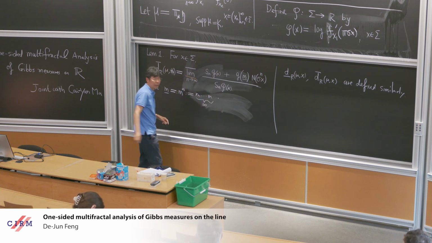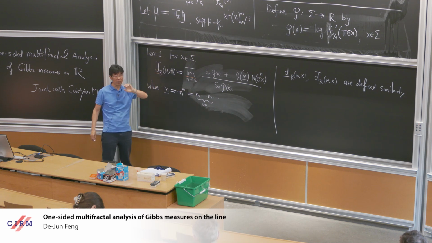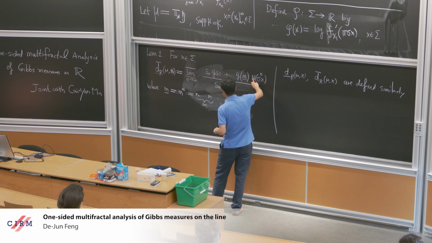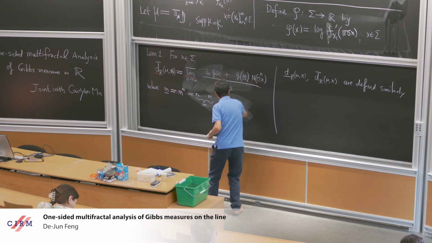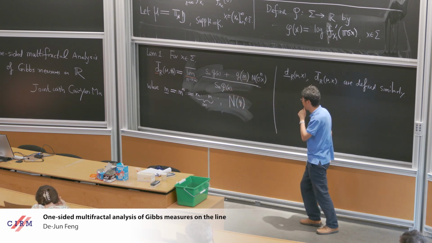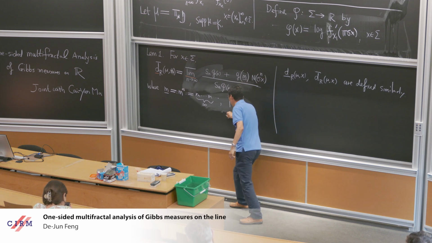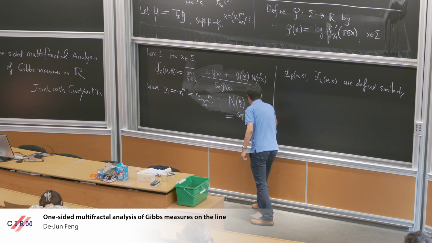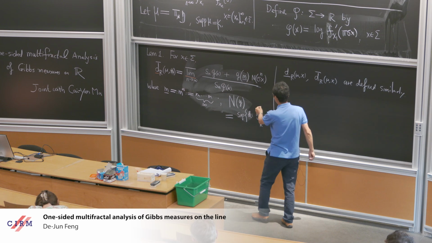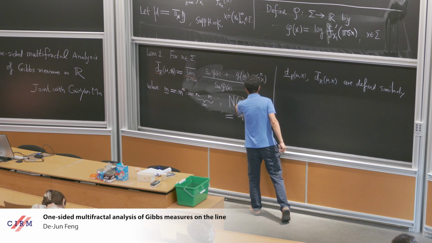So there's a special point on the symbolic space, and there is another function N. For any point y in the symbolic space, N(y) is equal to the supremum of k such that m to the kth power is a prefix of y.